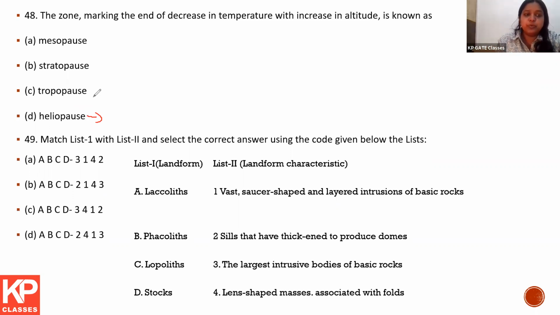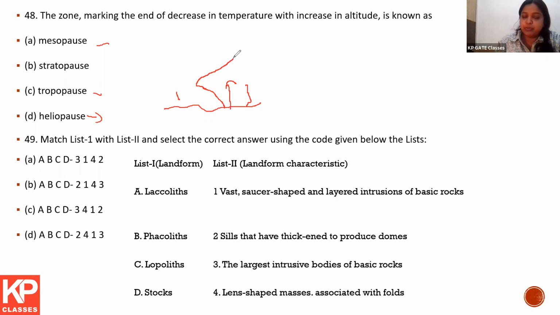Now, mesopause, tropopause, and stratopause. From the Earth's surface in the troposphere, with increase in altitude, temperature decreases. Then at the tropopause this diminishes, and by the beginning of the stratosphere, with altitude, temperature increases.